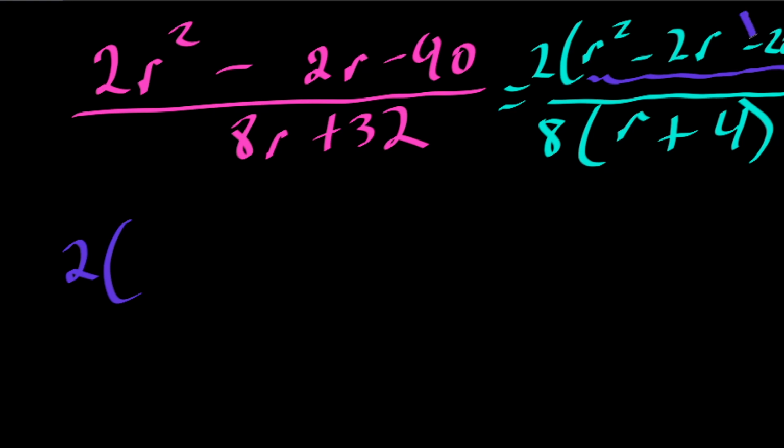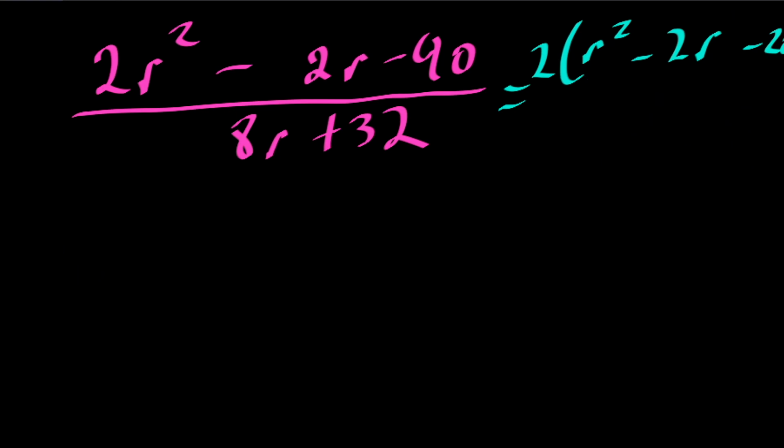We need 2 numbers to multiply to give us negative 20 and add to give us negative 2. Actually, that wouldn't be a negative 2. I wrote that down wrong. When we divide out this 2, we'd be left with an r here. There we go. That makes it all better.